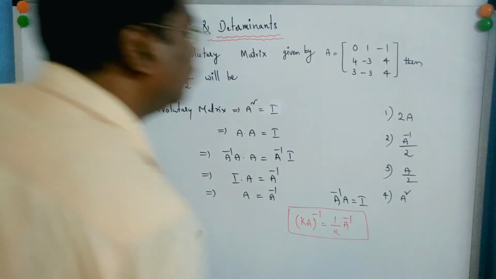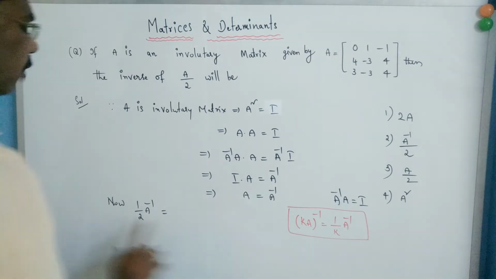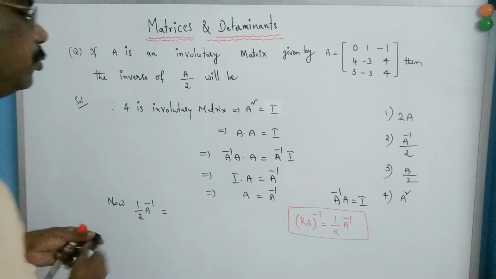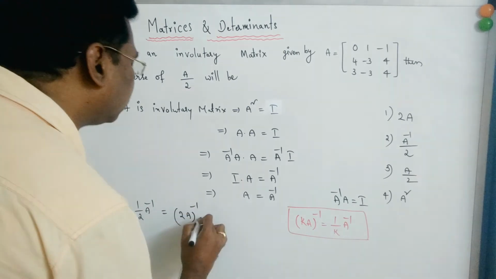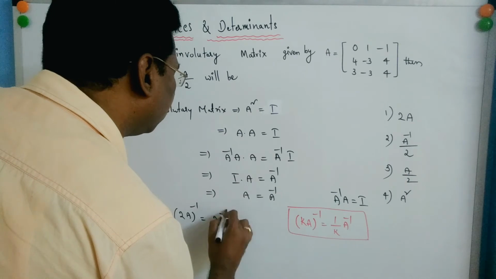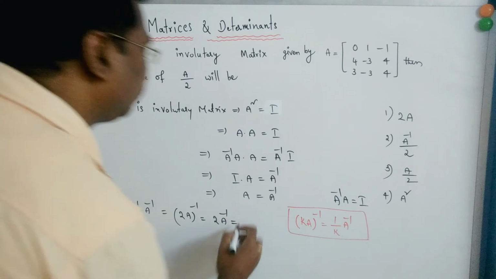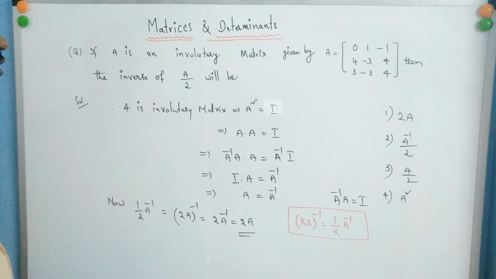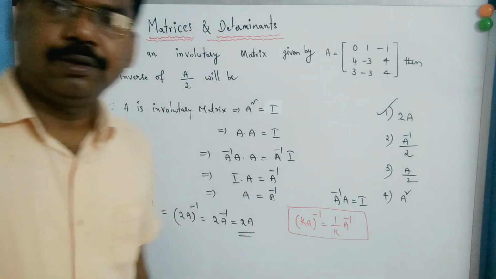Now here 1 by 2 into A inverse can be written as 2A whole inverse. Now 2A whole inverse means 1 by 2 into A inverse. Now A inverse is equal to A, which is equal to 2A. Therefore, the inverse of A by 2 will be is equal to 2A. Option 1 is the correct one.